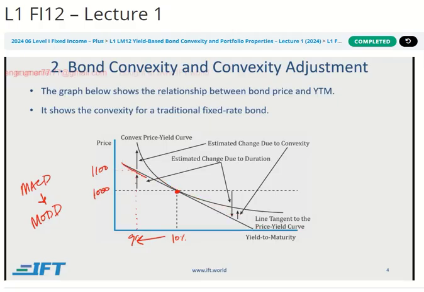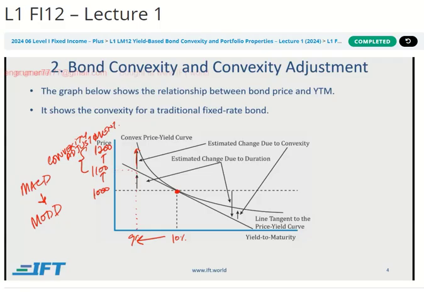But of course we know that it's not a straight line, it's a convex relationship. So the bond price, as you can see, is going up more than that. It is not just going up this 100, it is going up actually 200. And the remaining part is the convexity adjustment. This is the convexity adjustment that needs to be calculated and implemented, right?